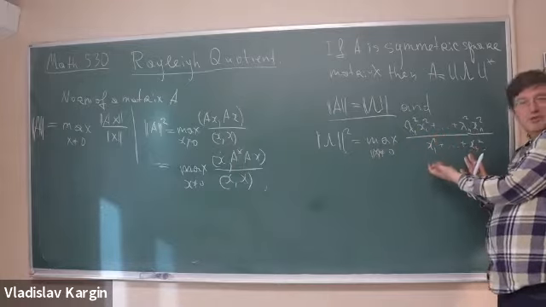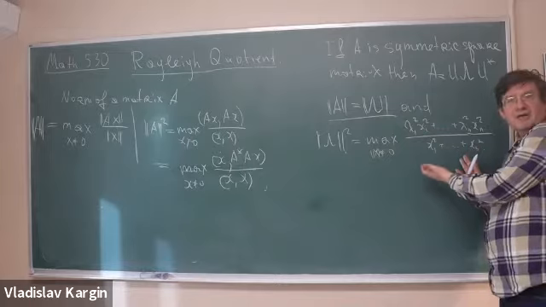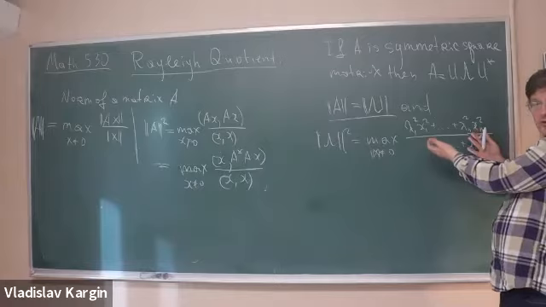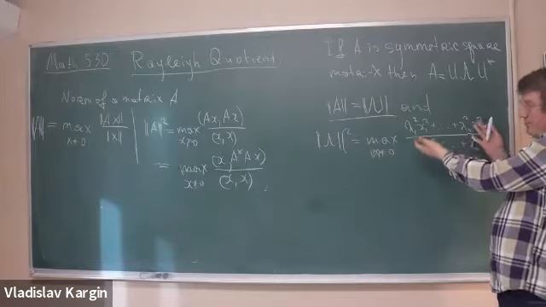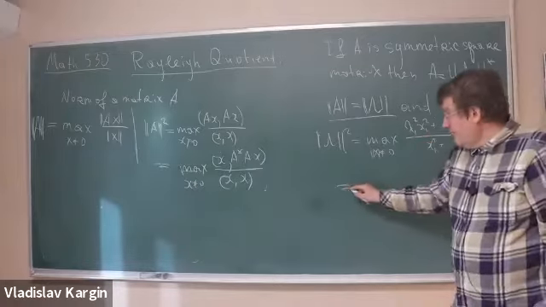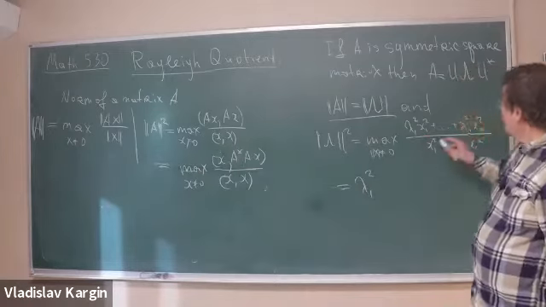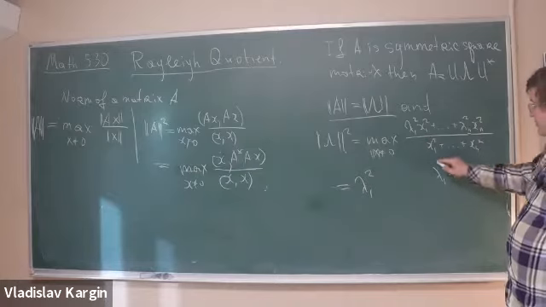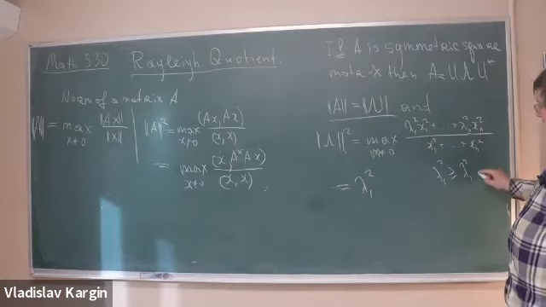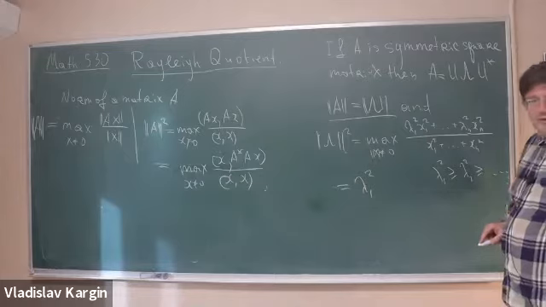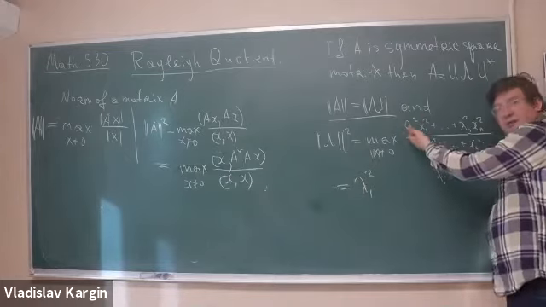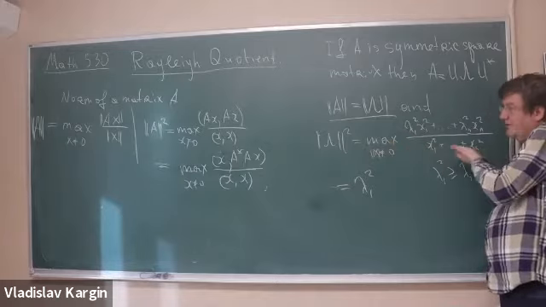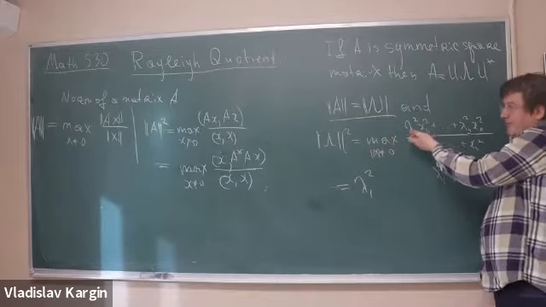After that, you use something like the Lagrange multipliers method, and of course you will find that the maximum of this thing is equal to lambda 1 squared, if you assume that lambda 1 squared is greater than or equal to lambda 2 squared, and so on. So you look at all eigenvalues, take the square of them, and choose the maximum one.